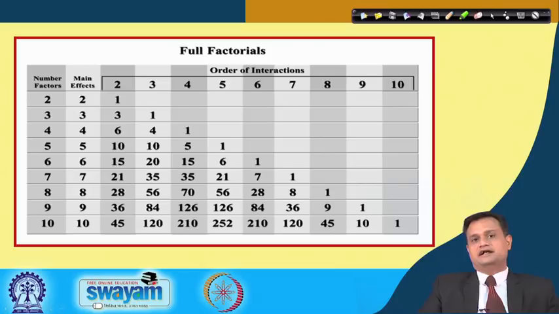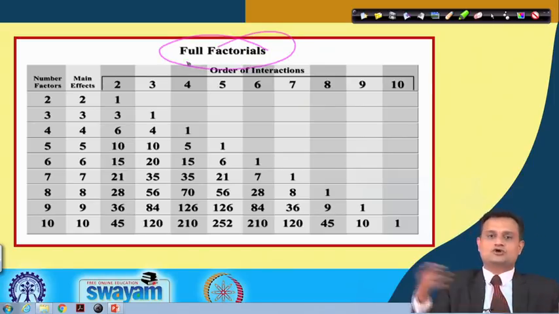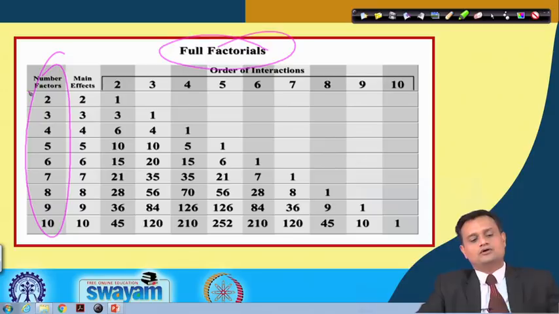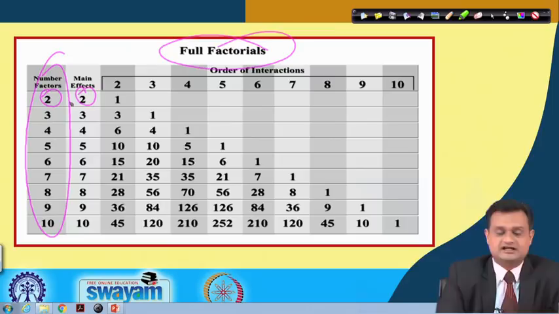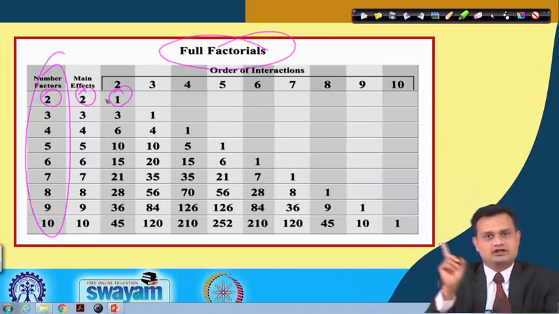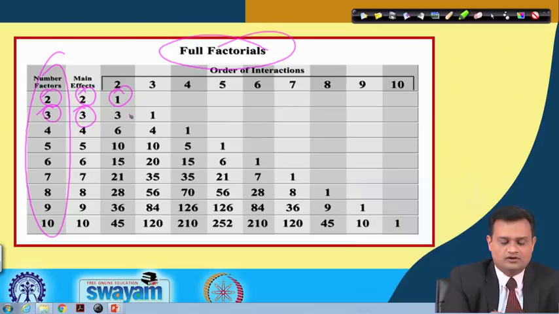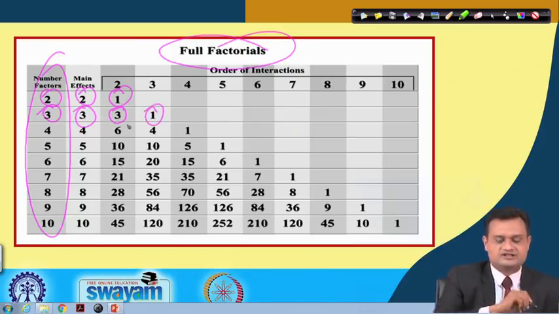This table is very important, and it would be really interesting to see. I am considering a full factorial, which means I will analyze all the main effects as well as interaction effects. Just see the number of factors. Suppose the number of factors is 2, then main effects are 2 and the interaction effect is only 1. Suppose the number of factors is 3, main effects are 3, and you will have 3 two-factor interactions and 1 three-factor interaction.